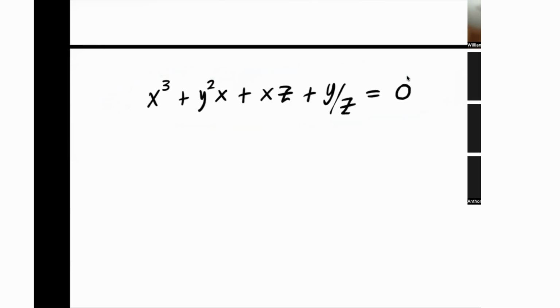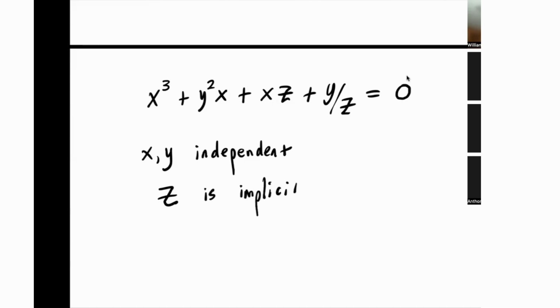You'll have a situation like this where we think of x and y as independent variables, and then z is implicitly defined as a function of x and y.